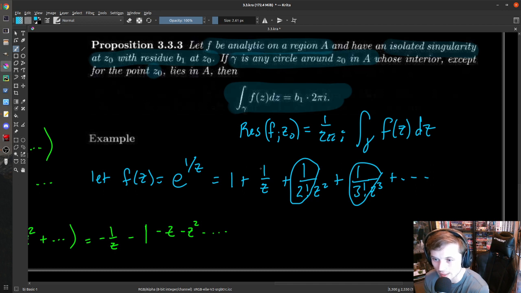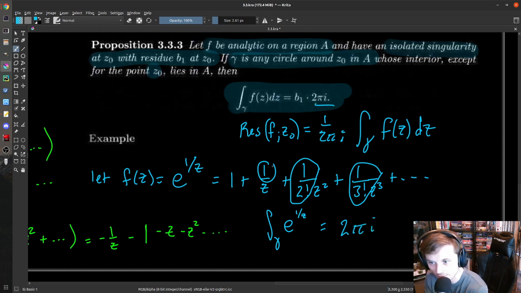And what is our b1? It's 1. So the integral around any circle about 0 of e to the 1 over z is equal to 2 pi i, since b1 is 1.